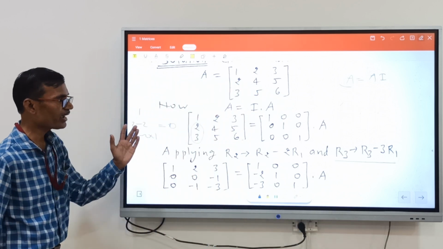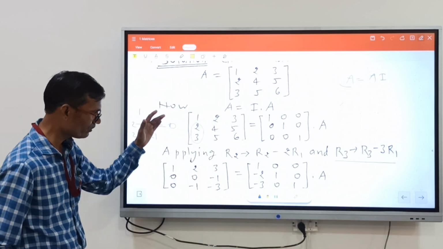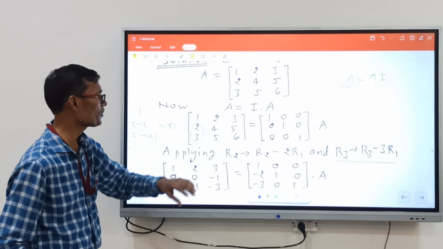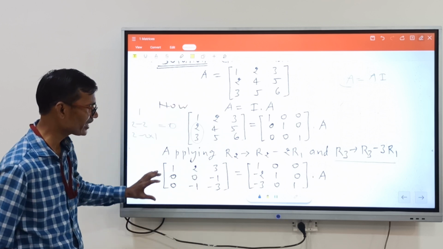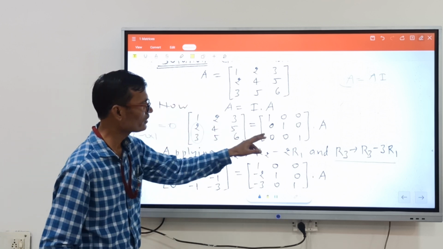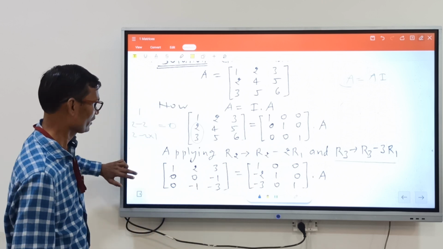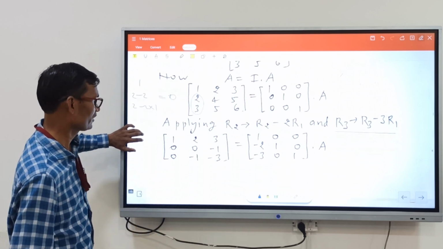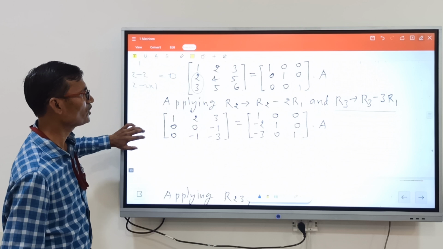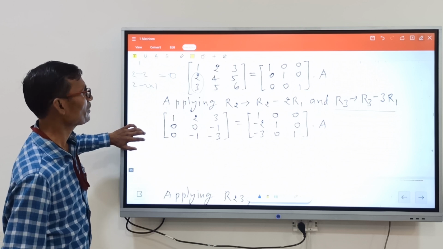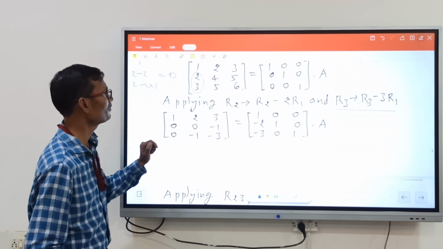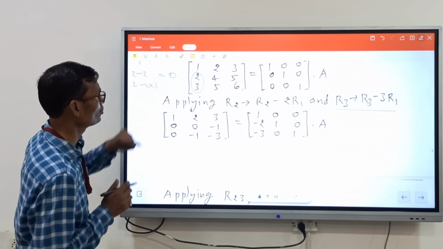We will apply these two operations not only on the left hand side matrix but also on the right hand side matrix, that is, on the identity matrix. Okay, so let us do it. I am going to explain how this step is coming. Suppose this is 2.